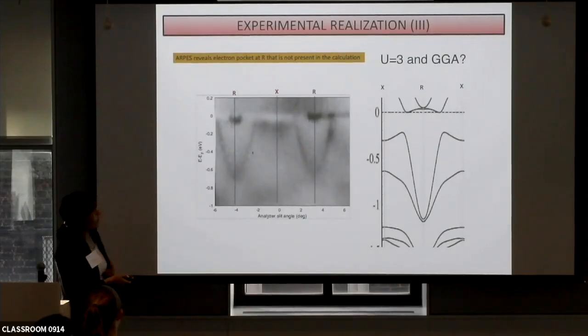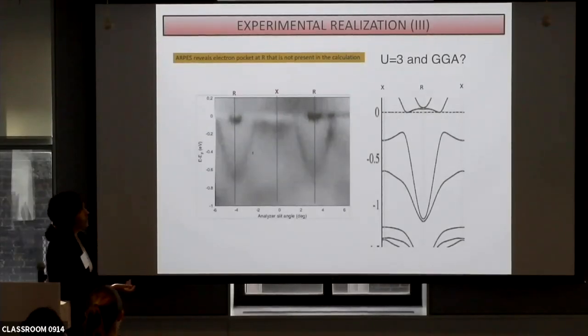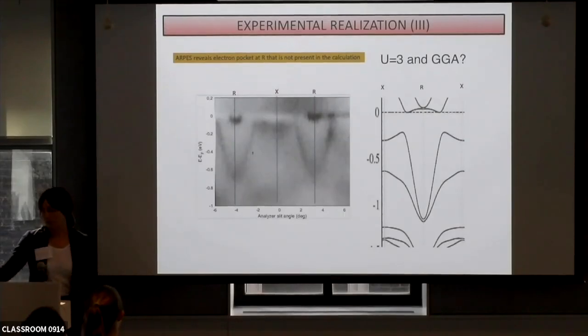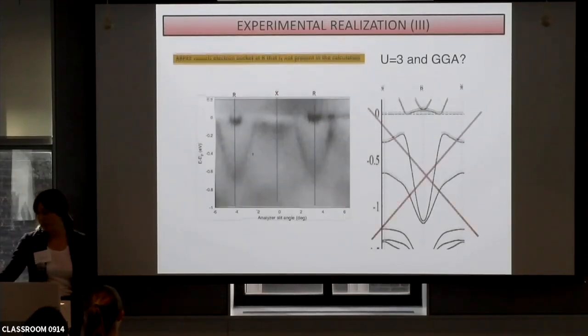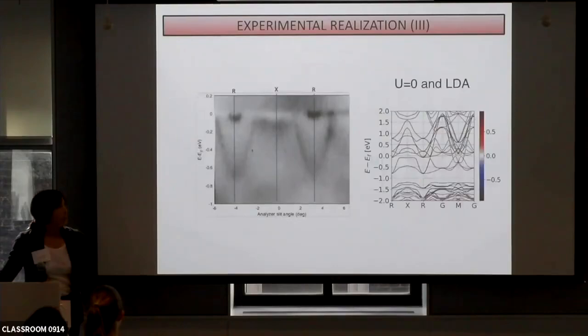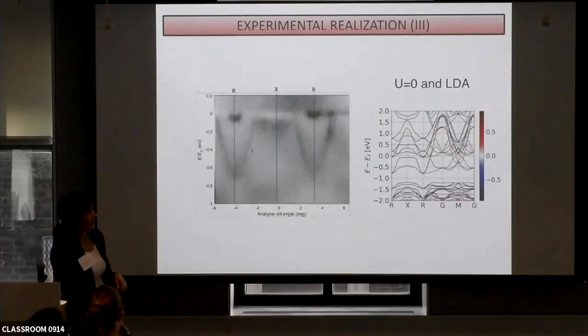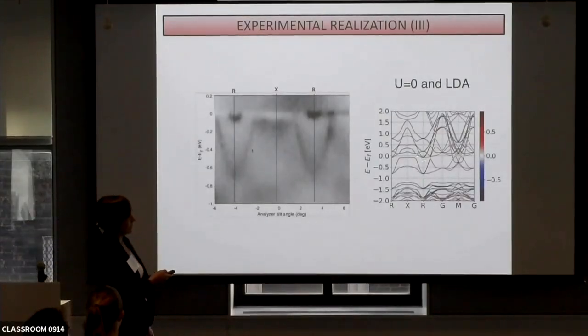And it happens that the conundrum of this material is this bucket that we find at R that we actually cannot see with U equals 3 and GGA. We did calculations with different values of U for GGA, and it was absolutely impossible to get this bucket. So we then considered U equals 0 and LDA, and the bucket at R showed.